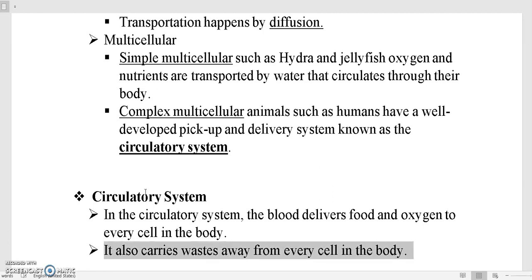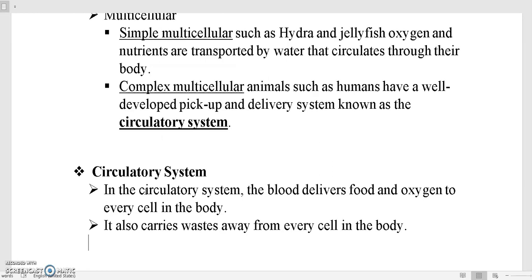So basically, blood not only delivers food and oxygen, but also carries waste away from the cell, right?